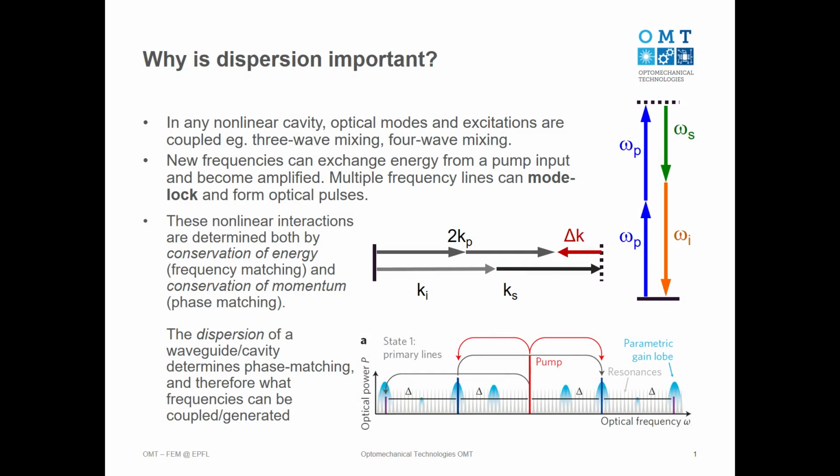Many of you have a variety of projects in optical or quantum optical things, and perhaps some of you might be interested in doing some nonlinear coupling of some sort, in which case dispersion is absolutely essential to get a hold of.